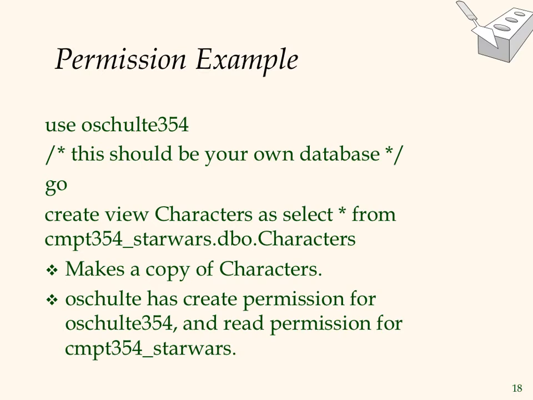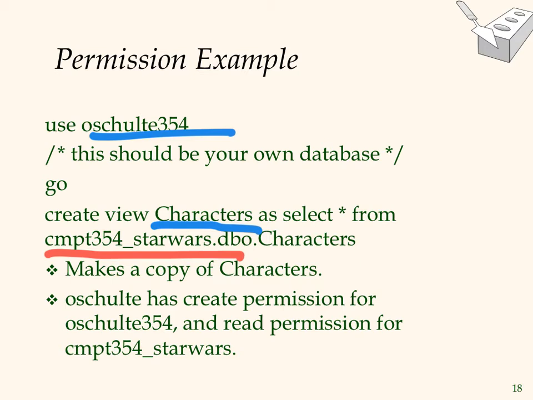So what do we have now? Well, we have in effect a copy of the characters table. One copy is sitting in the shared Star Wars database, and the other copy is sitting in OSchulte354. Of these two tables, we have different access privileges.